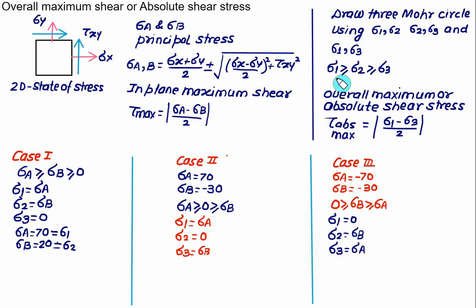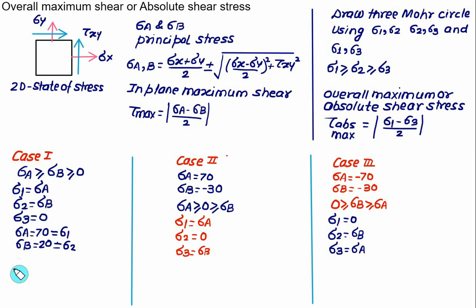Once you get the values of sigma A and sigma B, as in case 1, case 2, case 3, arrange them in the standard form of sigma 1 greater than or equal to sigma 2 greater than or equal to sigma 3. Say for the first case, sigma A and sigma B are both positive and sigma A is greater than sigma B. So the highest value in this case will be sigma 1, and the least value is 0. So we have sigma 1 equal to sigma A, sigma 2 equal to sigma B, and sigma 3 equal to 0.